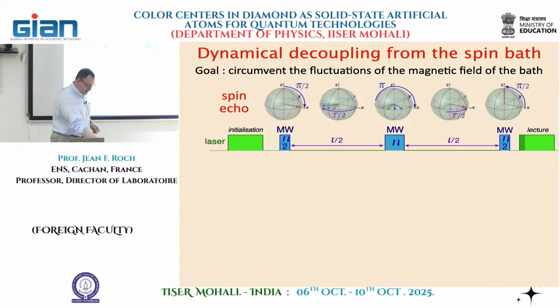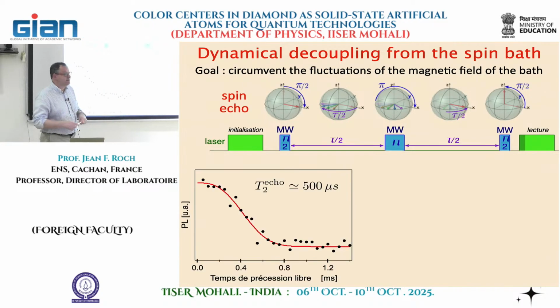That makes the measurement scheme a little more complicated, but the survival time of the echo, which is now limited by the T2 time, the intrinsic coherence time of the signal, goes up to 500 micrometers. So there is a strong enhancement factor associated to that, and you can even reach higher values depending on the system.